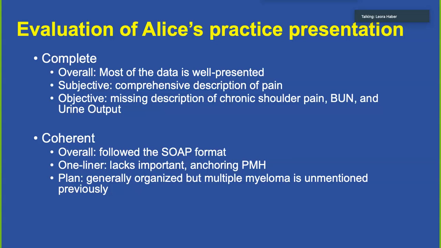But from the very beginning, the one-liner lacks some of those salient elements, like the important anchoring past medical history, so that as we're going through it, we don't necessarily know what physical exam findings and subjective findings we should be looking out for until we hear the more complete one-liner that she puts at the beginning of her assessment and plan. As far as the plan, it's generally well organized, but the multiple myeloma does come as a bit of a surprise since nothing relating to it is mentioned previously.